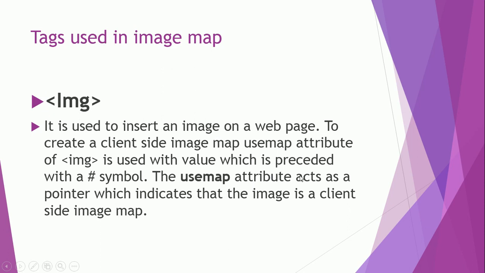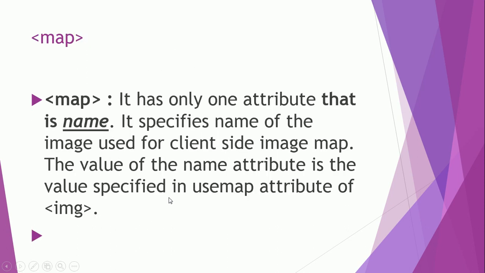This attribute acts as a pointer which indicates that the image is a client side image map. Another attribute is map. This attribute has only one value and that is the name. This name is nothing but our image name.